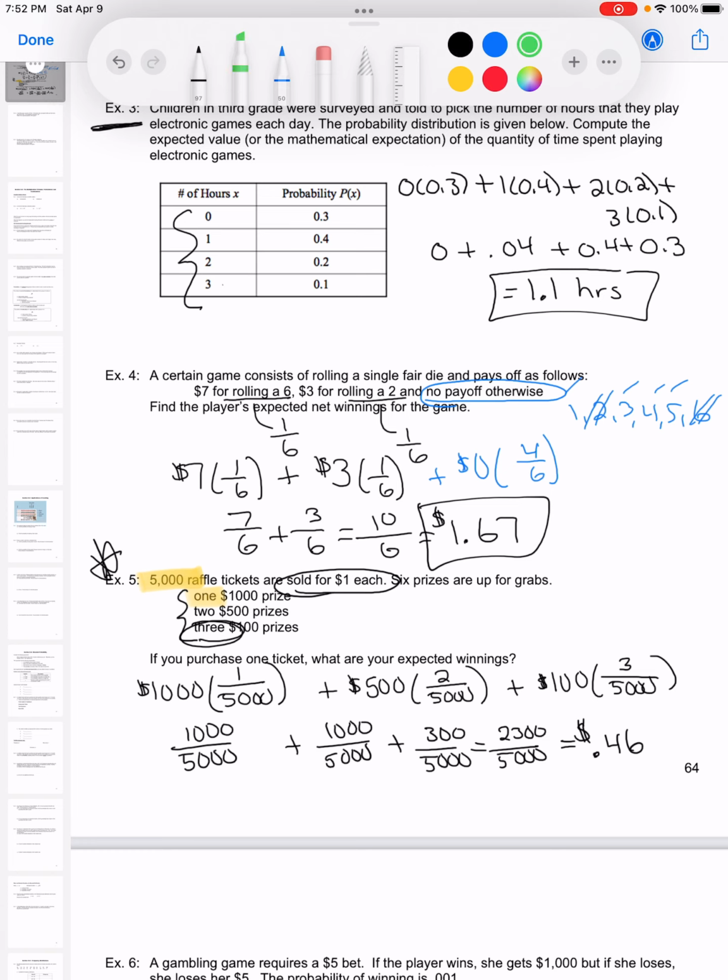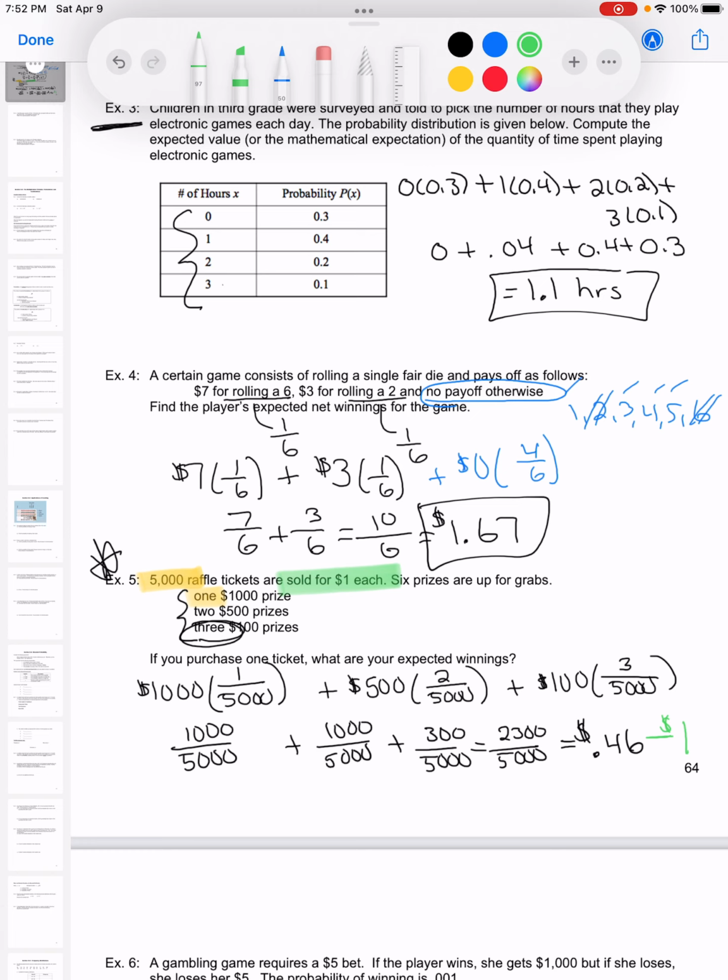Now is where I'm going to take care of the cost. They cost $1 each, so I'm going to subtract the $1 off here at the end.